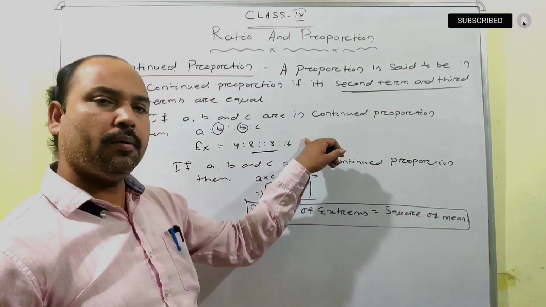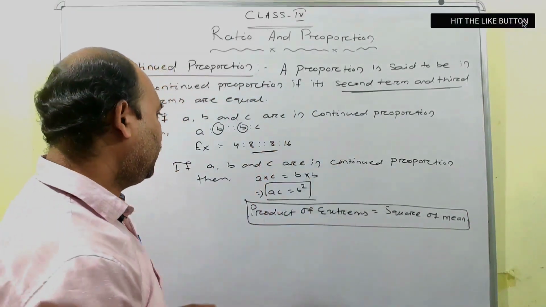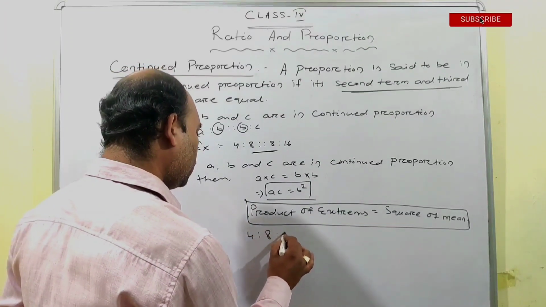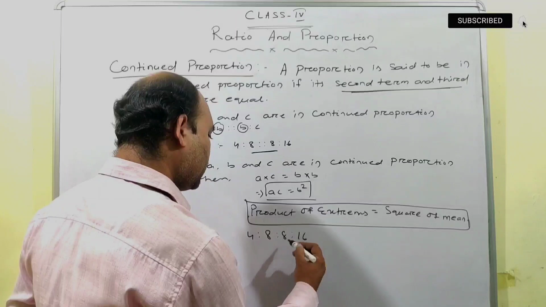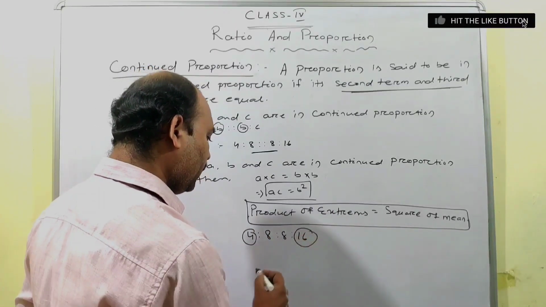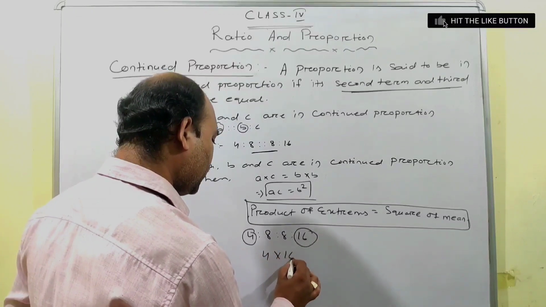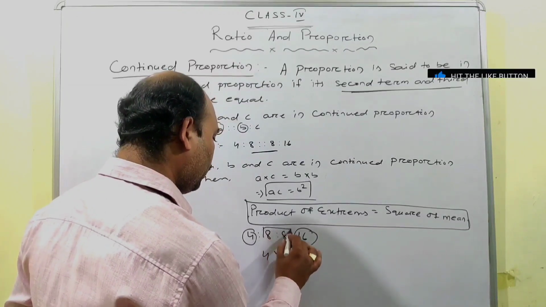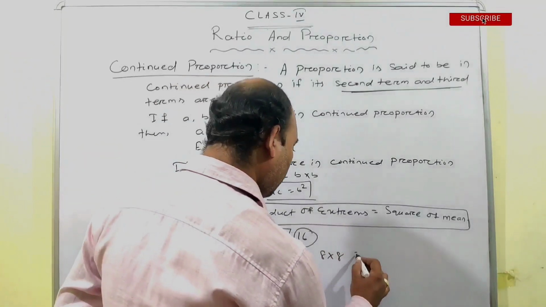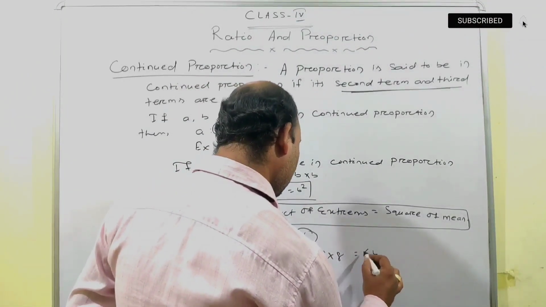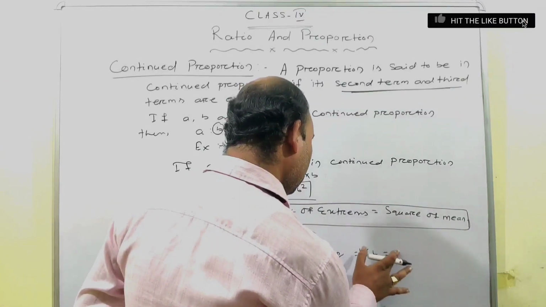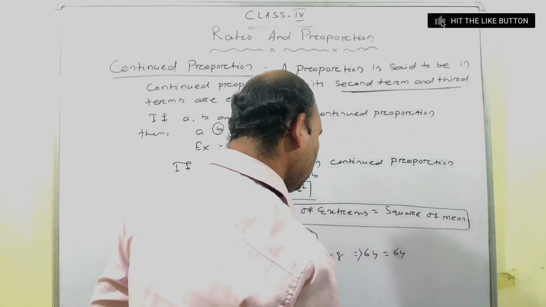Let's see the example already written here: 4:8 such as 8:16. The product of extremes means 4 and 16 we have to multiply. 4 into 16 is equal to 8 into 8. 4 into 16 is 64, and 8 into 8 is 64.